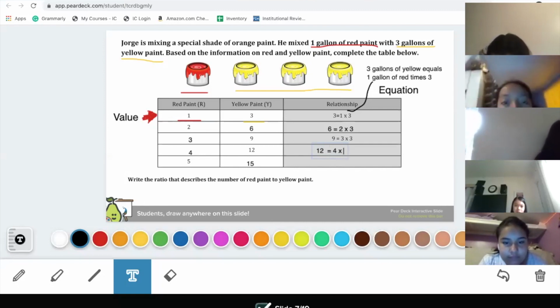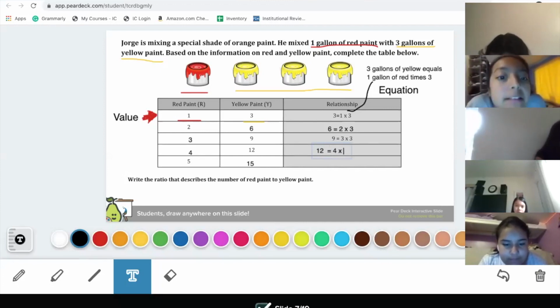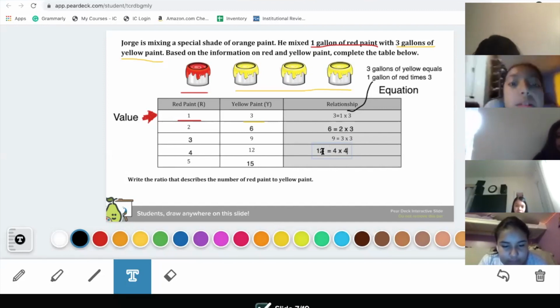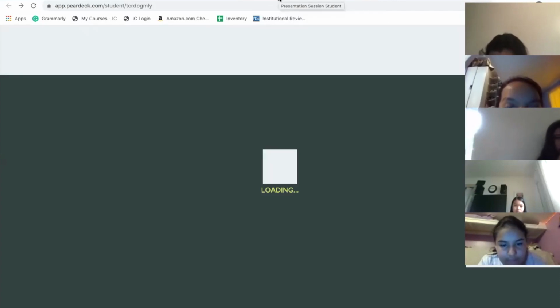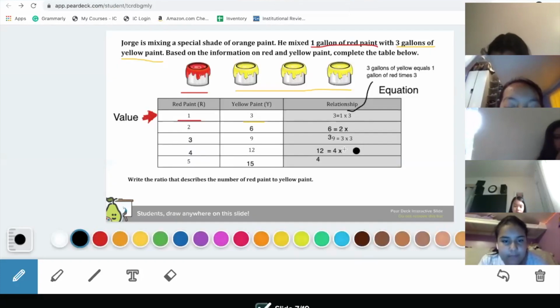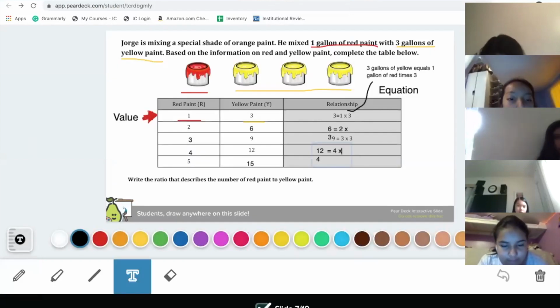Because look, you see the equation I wrote? 12 equals 4, and then if you said 4 gallons of red times 4, well, what's 4 times 4? 16. So would that make sense? 12 is not 16, right? So would that work? What number instead of 4 would we have to use? 3. And if you notice, that's the pattern from the rest of the table. Times 3.